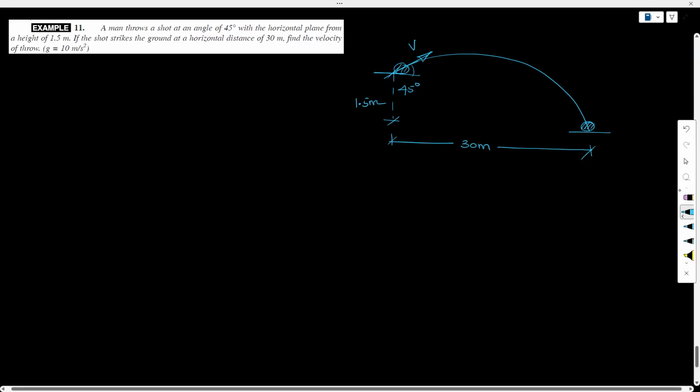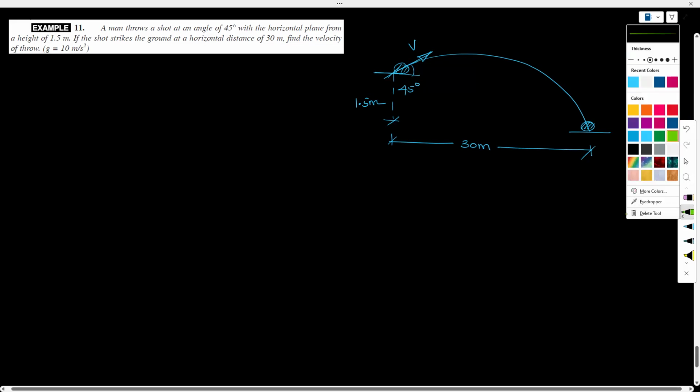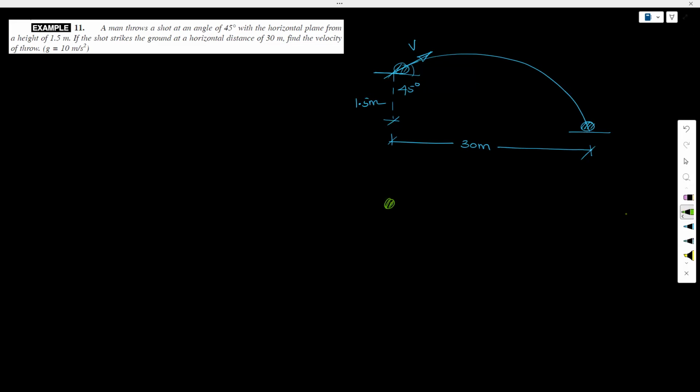So we know that any projectile motion has two components, or two projections. The horizontal projection is going to have a horizontal component of the initial velocity, and it is going to travel a distance of 30 meters. And the acceleration in the horizontal direction is 0.